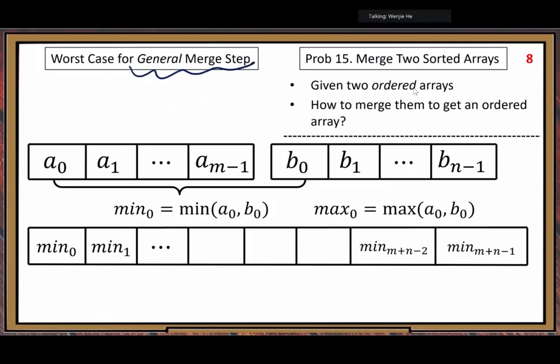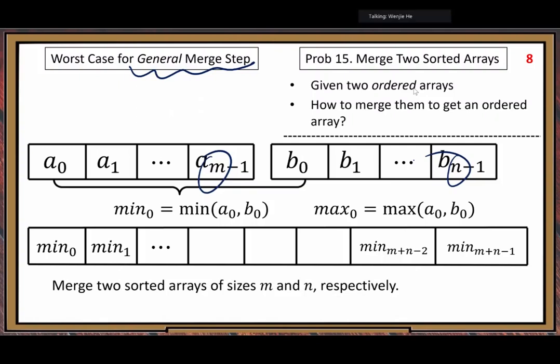The first ordered subarray has m elements, and the second ordered subarray has n elements. M and n, in general, are different. When they are different, when we do the merge, we have a similar result.